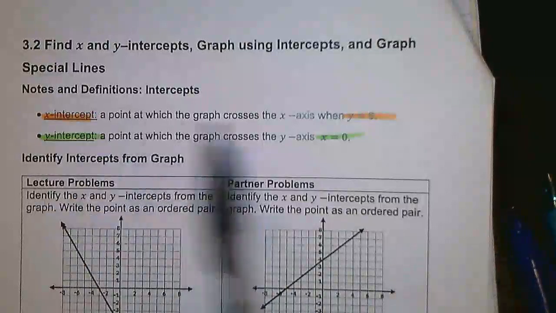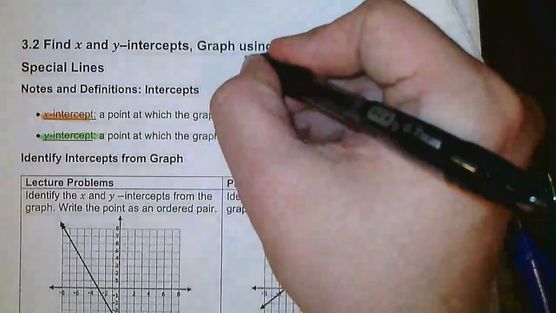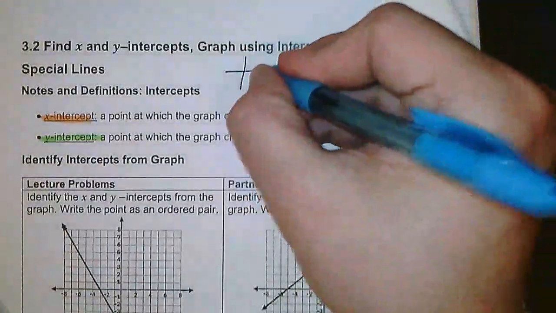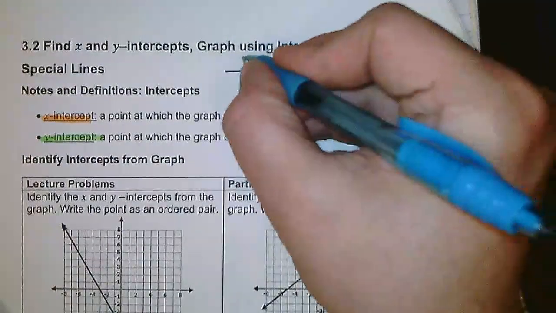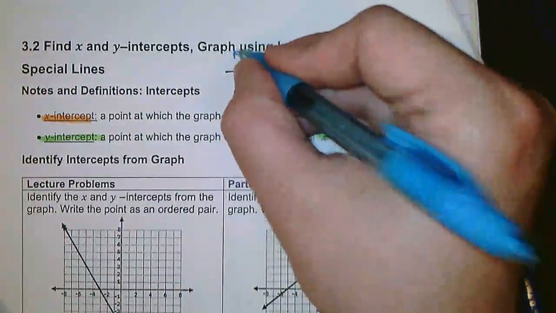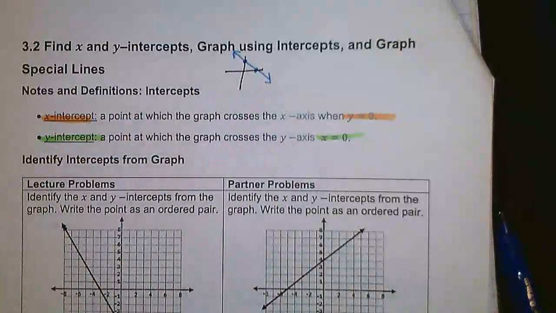So, as I've been pointing out each time, one way to graph a line is if we know what the x-intercept is and we know what the y-intercept is, we only really need 2 points to graph a line. So we have no room for error here because we're only going to be finding 2 points, but this is a perfectly good way to graph a line.